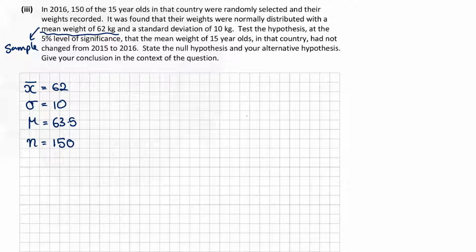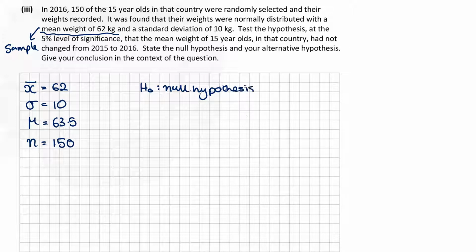So it says test the hypothesis at a 5% level of significance, or we would say a 95% confidence level, same thing. The mean weight of 15-year-olds in that country had not changed from 2015 to 2016. So our hypothesis testing starts with H0, which is our null hypothesis. Think nothing has happened.